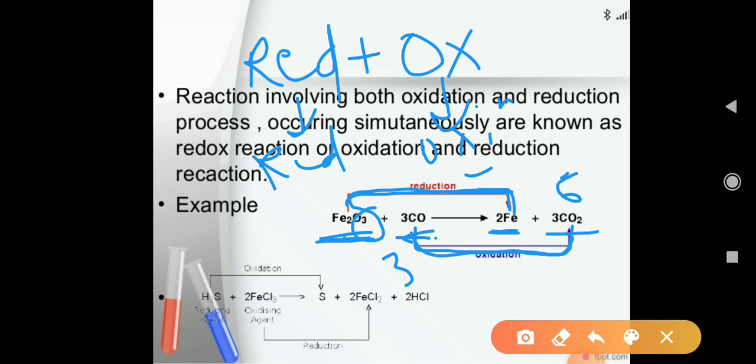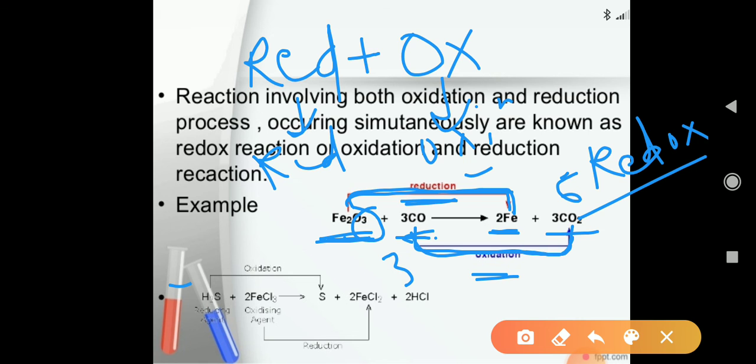So here addition of oxygen takes place, and we know addition of oxygen is oxidation. So this reaction is oxidation, and Fe2O3 giving Fe is reduction, and both processes are in the same reaction. So this type of reaction is called a redox reaction. Okay, so this is a redox reaction.